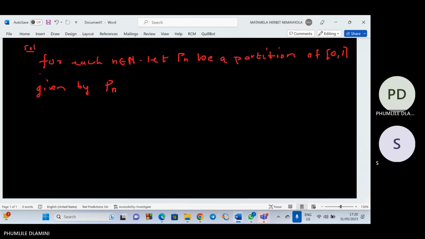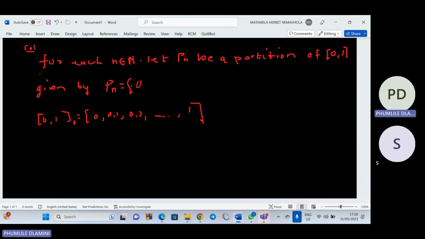P_n, which is equal to, it's going to start at 0. What happens is, in this interval of 0 to 1, we can subdivide the interval, maybe 0, then 0.1, 0.2, up to 1. But because we don't know what number we're going to be dividing with, we are going to divide all these numbers by n.